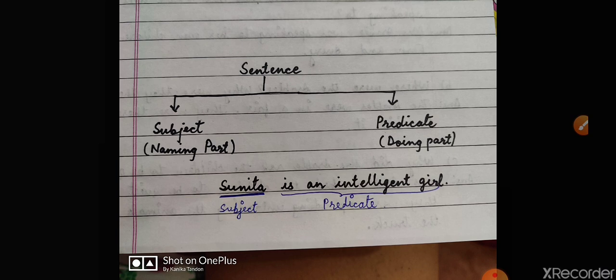So, in simple words, the subject is the part of the sentence which denotes that we are talking about a particular person, place, animal or thing. Or for example, if I take another random example, like "the sun rises in the east and sets in the west."